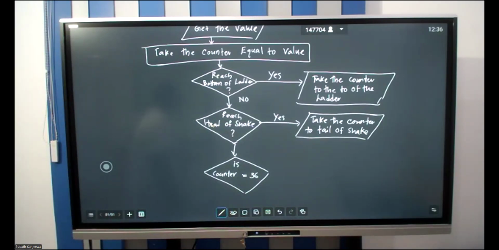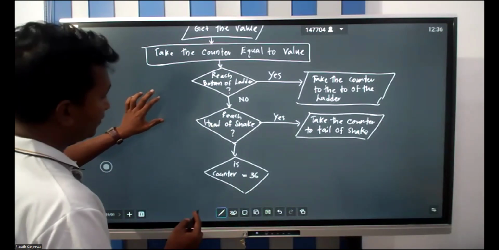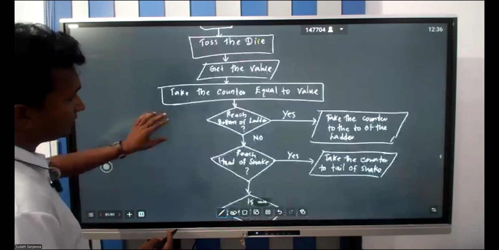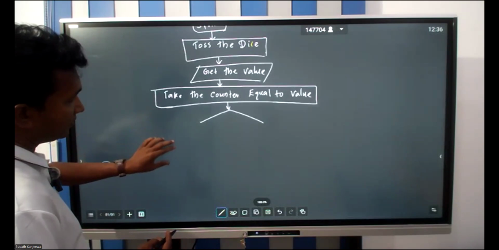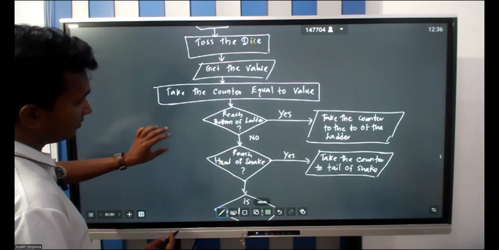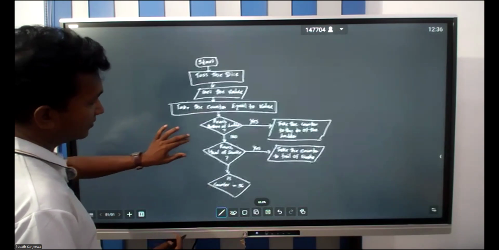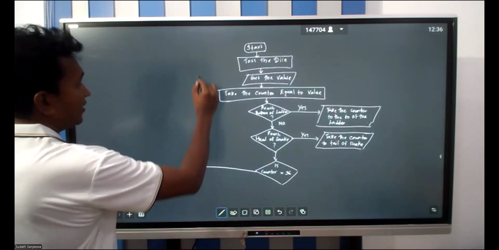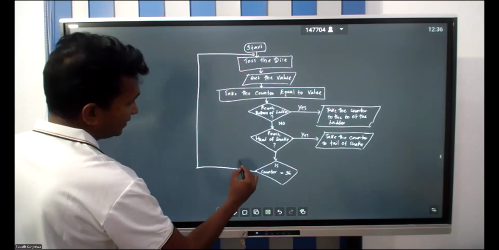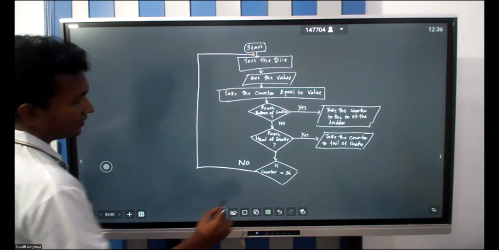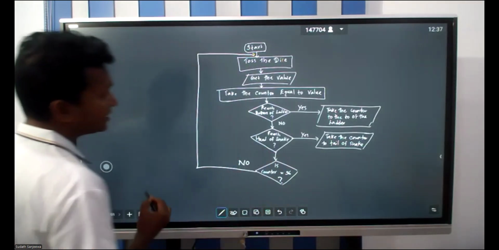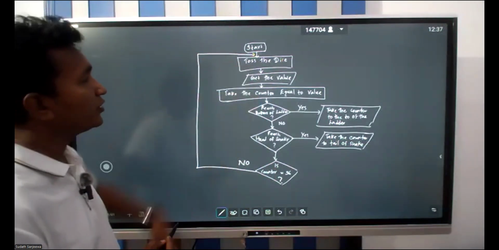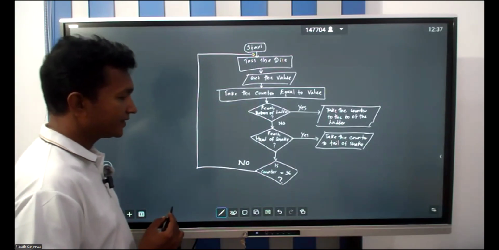Therefore, from this point, if it is not 36, that is not the final block, then again we are going to toss the dice, right?